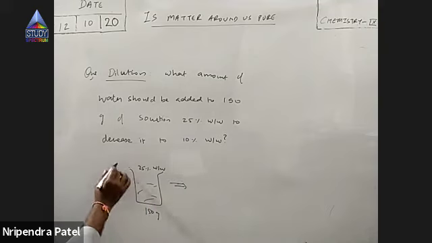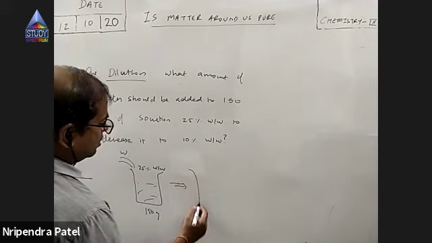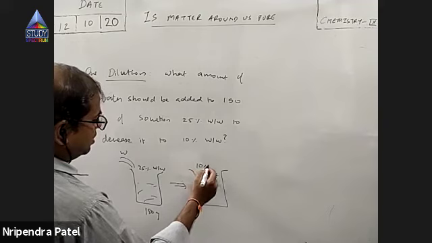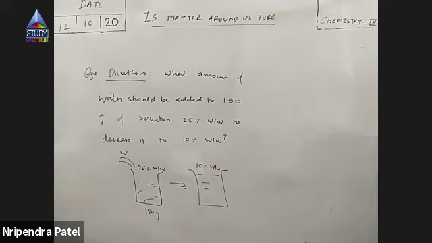Some water should be added to it. How much, I don't know, so that the concentration decreases to 10% W by W. This is what we say is dilution. We are diluting it to make it 10% W by W. What amount of water should be added to this?